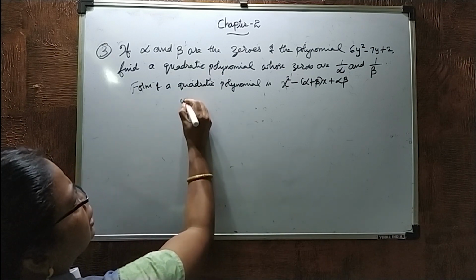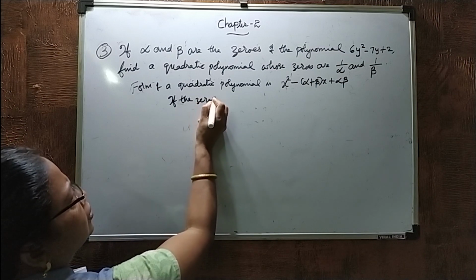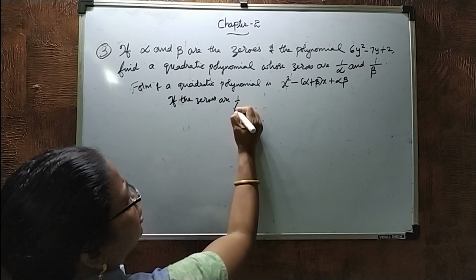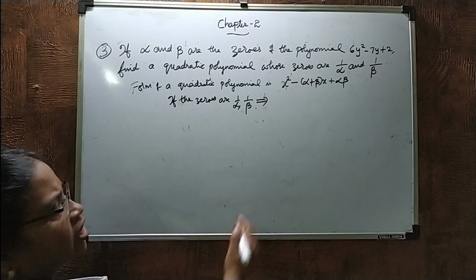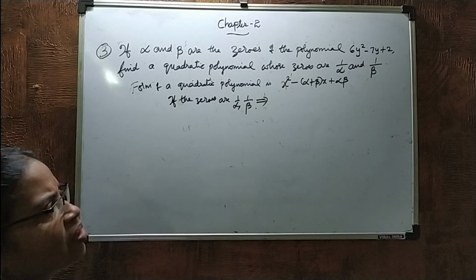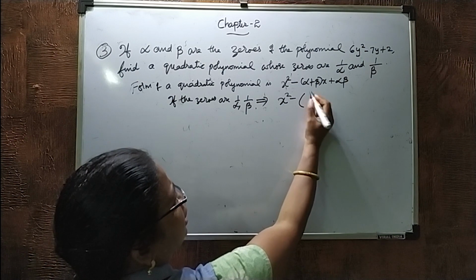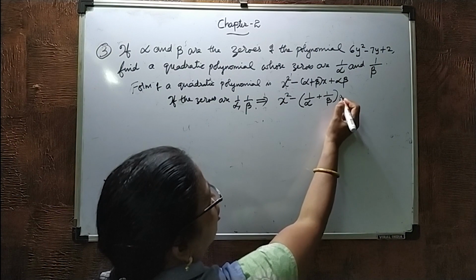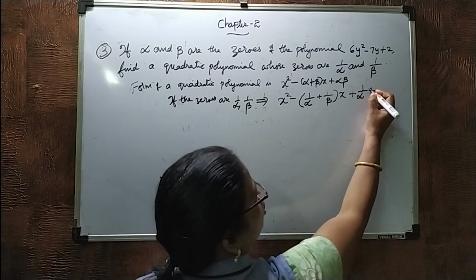So if the zeros are 1 by alpha and 1 by beta, then the polynomial will be x square minus, instead of alpha it will be 1 by alpha plus 1 by beta, into x plus 1 by alpha into 1 by beta.